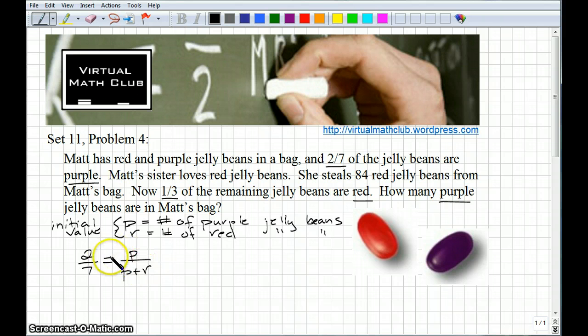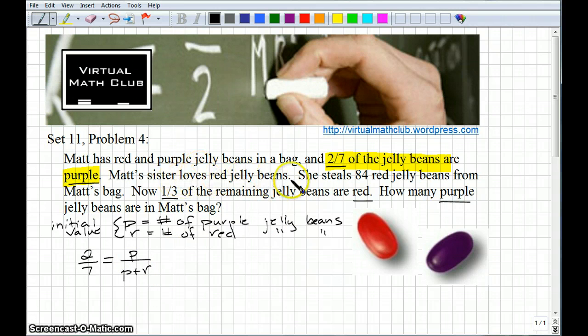Essentially we're just taking this statement and rewriting it as an equation. So we got that first part done.